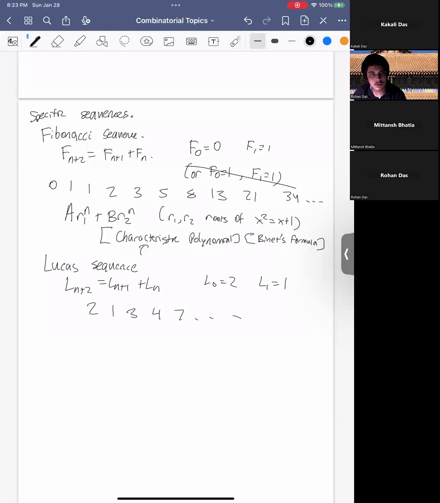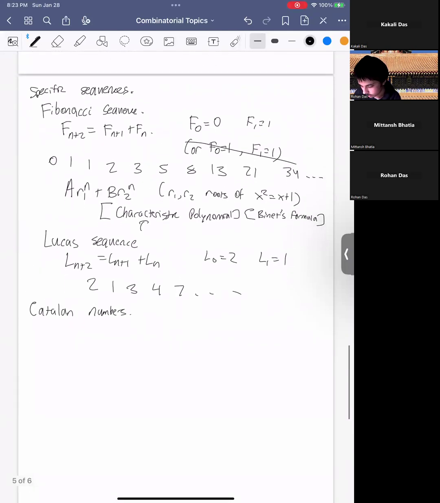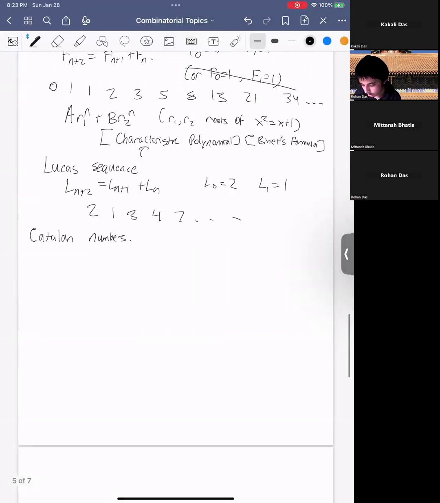But I think the most interesting sequence to know for computational combinatorics is the Catalan numbers. There are a few ways you can think about these. So one way is if we have a grid of n points. So this is n, this is n.